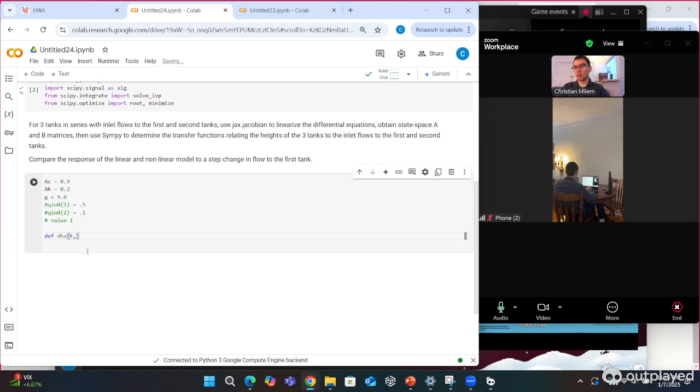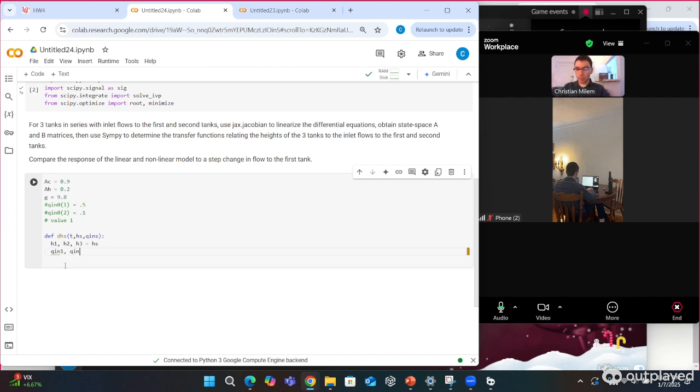So it's going to be a function of time, and then a function of our heights in the 3 tanks, and also our QNs, or the flow rates into the tanks. Our heights are going to be H1, H2, and H3. We have inlet flows for the first and second tank, so QN1 and QN2.